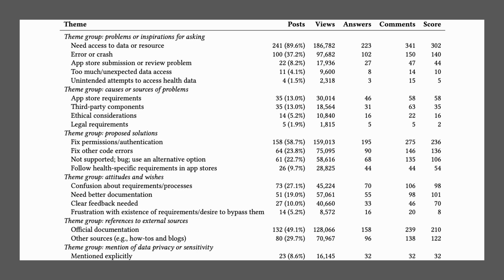We found that problems or inspirations for asking were specifically around when people had problems with access to resources, or whenever they saw an error or a crash, or some kind of App Store submission or review problem. We also looked at the sources of the problems. App Store requirements, third-party components, and sometimes ethical considerations were the main sources of the problems.